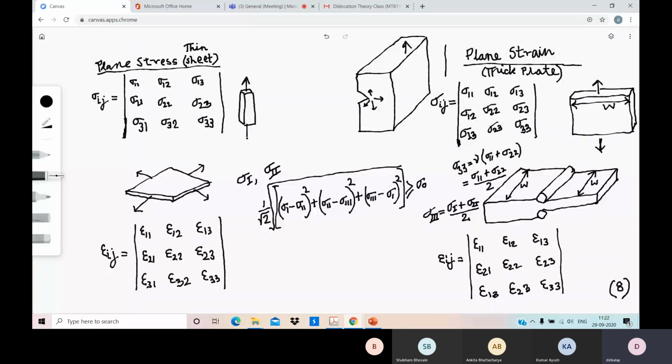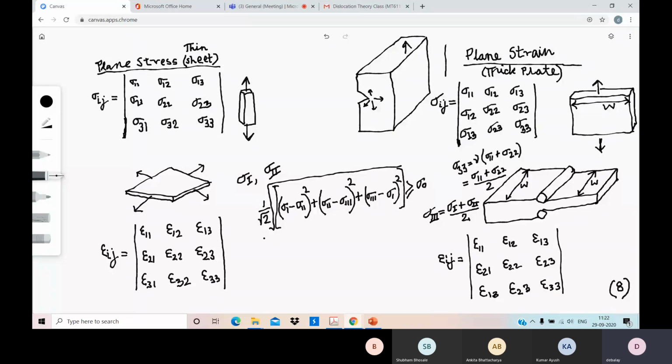As you have understanding of von Mises criteria now, you can understand that it is simply uniaxial for the yielding to occur. Principal stress sigma 1 has to exceed sigma naught.